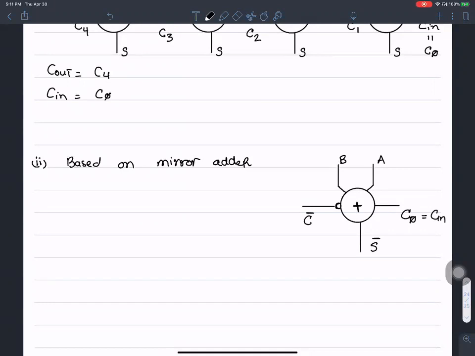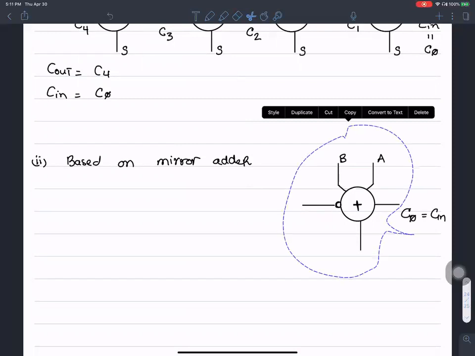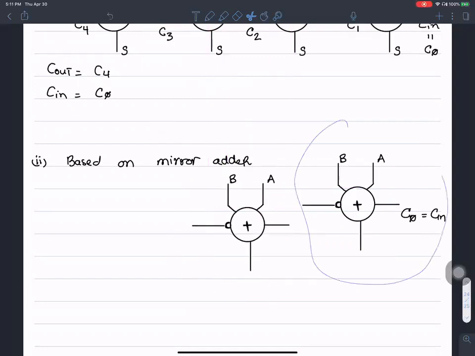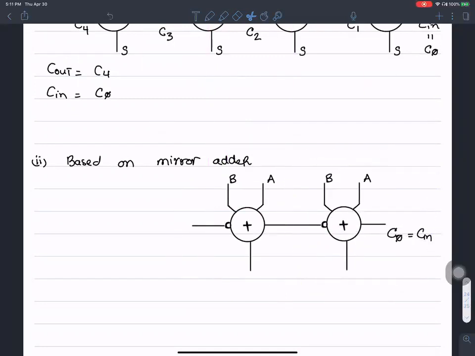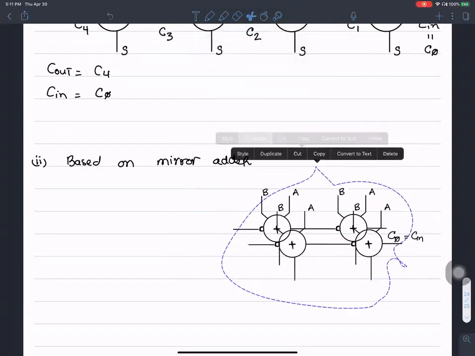So if I want to implement a 4-bit adder from a bunch of these adders, what I have to do is this. Then I duplicate that. I'm trying to build a 4-bit adder here.